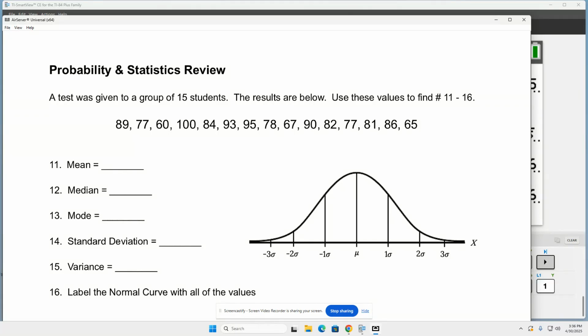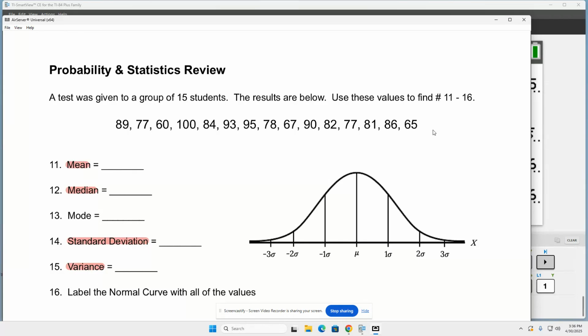So first things first, let's talk about how we can use our calculator with all of this data to find our mean, our median, our standard deviation, and our variance. Now the one thing it won't find for me is my mode. I have to do that on my own, and we'll do that in just a minute.